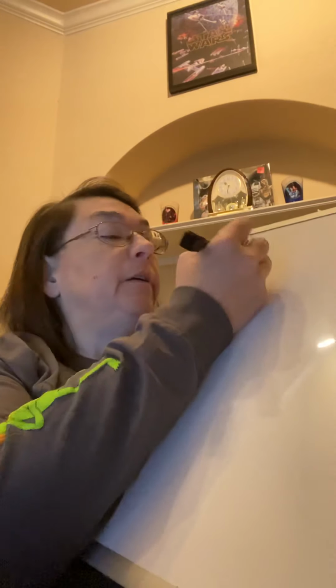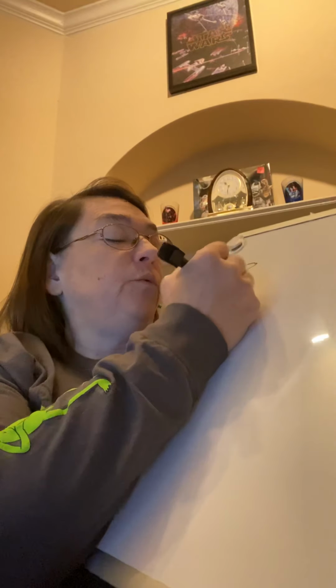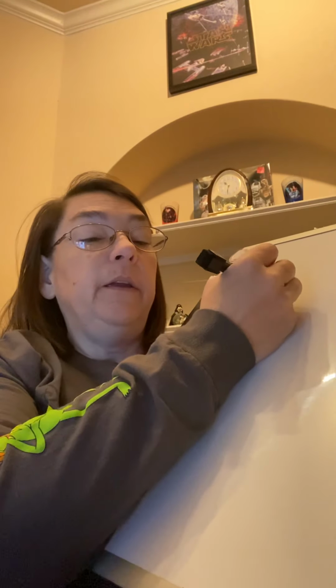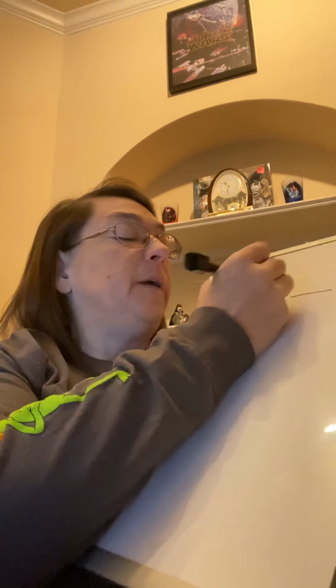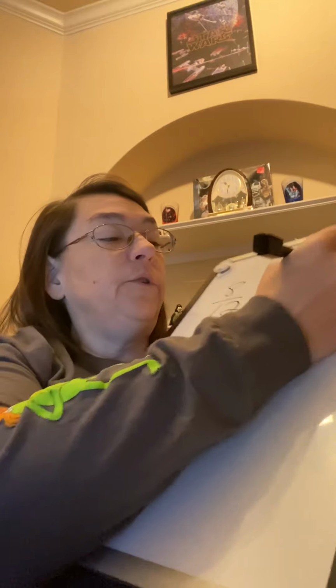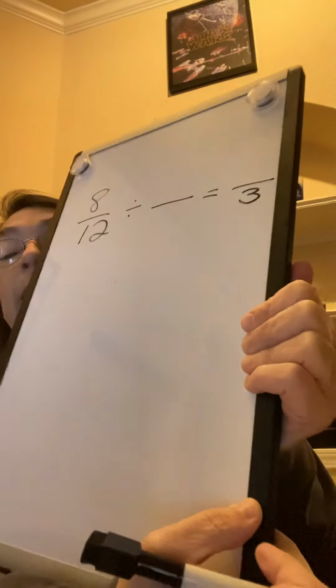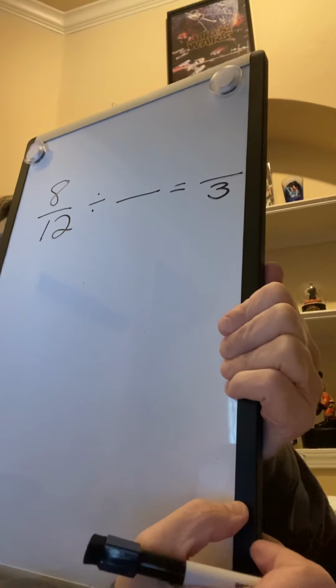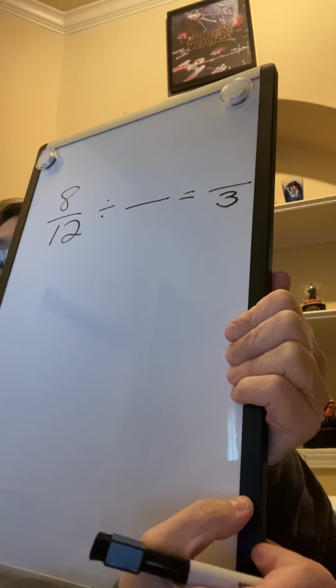All right, let's look at number 5. 8 over 12 equals, I'm going to put divide by, equals something over 3. All right, 12 divided by what gives me 3?